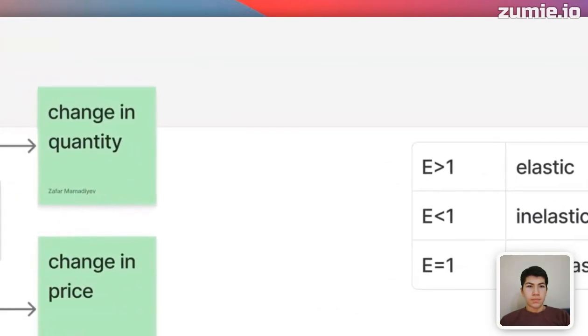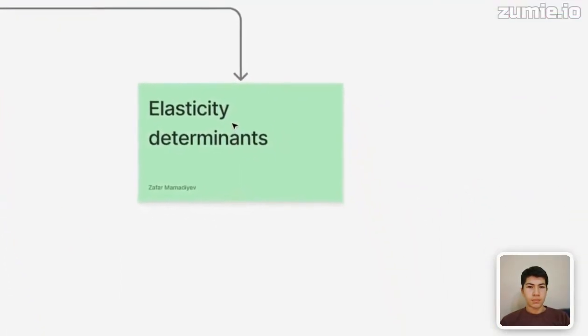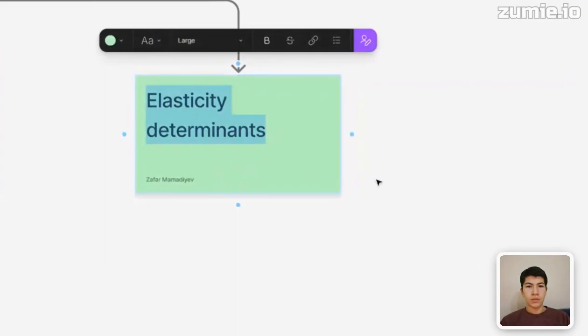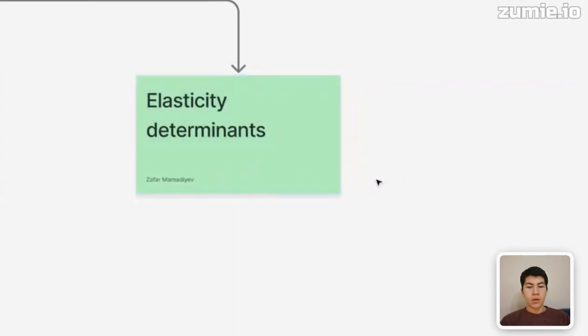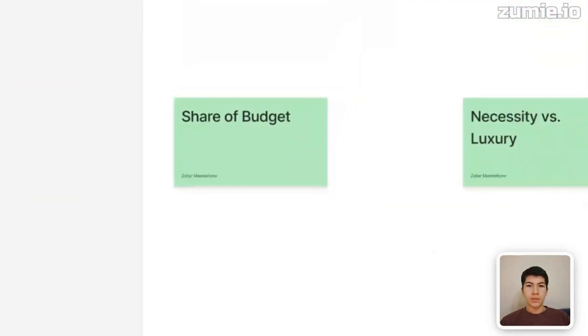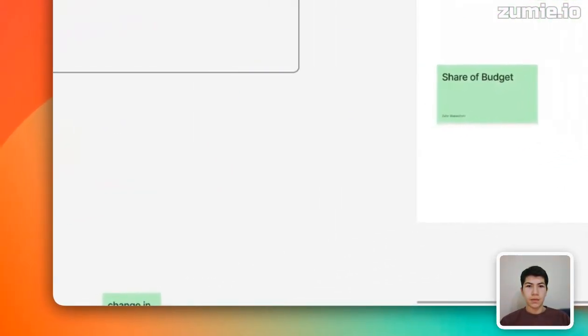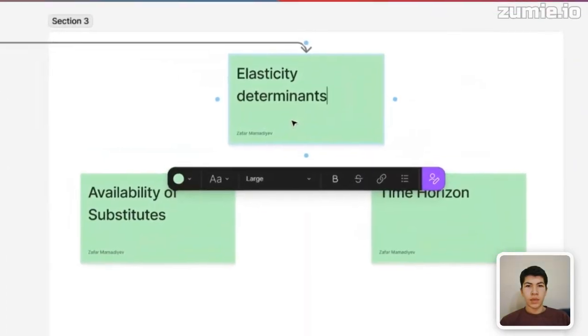So let's get back to the elasticity determinants. Now we will be talking about the elasticity makers, the things that make a product elastic or not. So here they are.